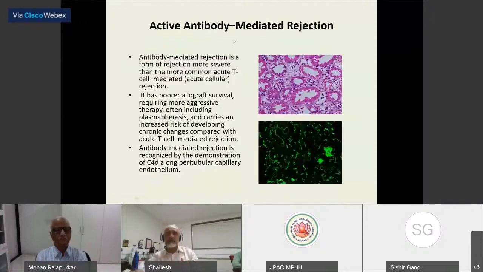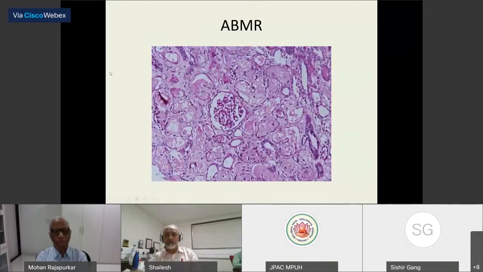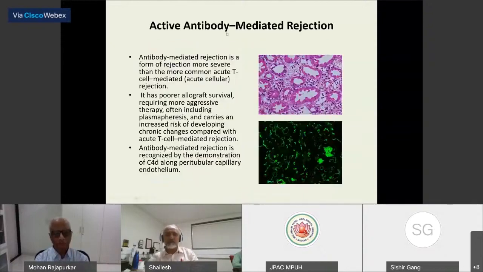Hyperacute rejection is usually seen immediately after placing the graft into the recipient, and usually the graft becomes flaccid.